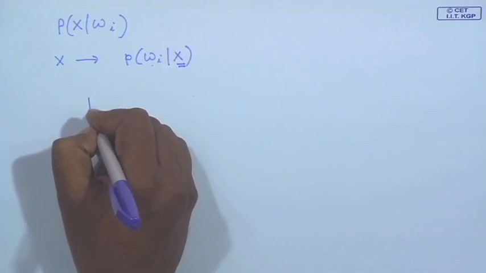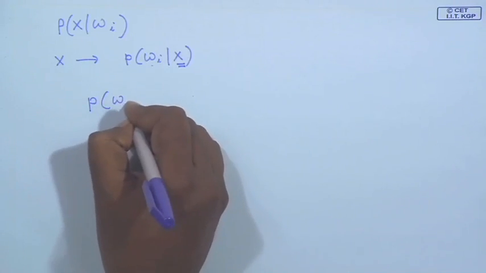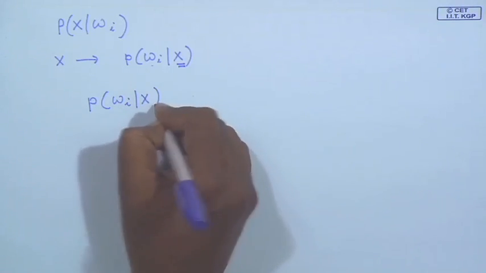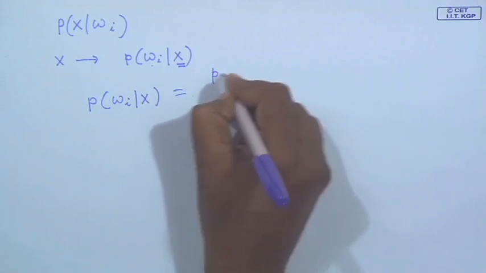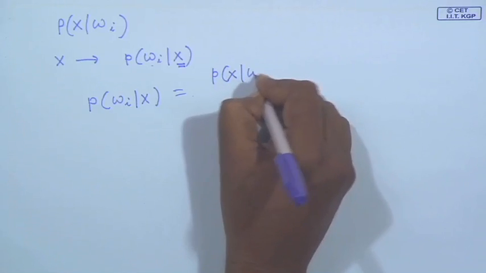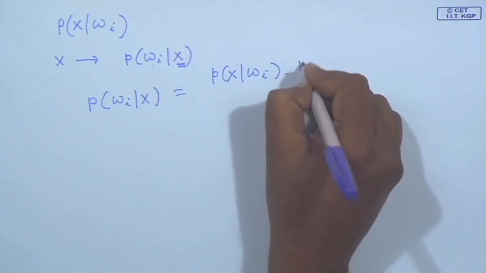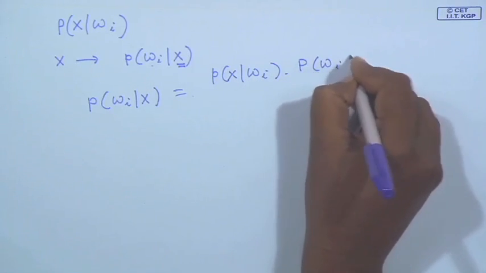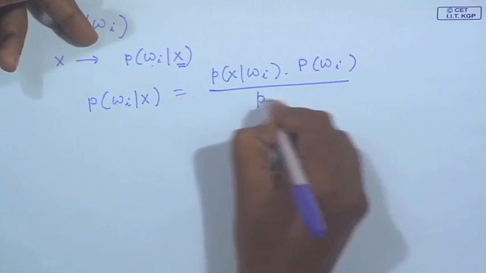We can combine this class conditional probability density function with the a priori probability by using the Bayes rule, which says that P of omega i given x is nothing but P of x given omega i into the a priori probability P of omega i upon P of x.